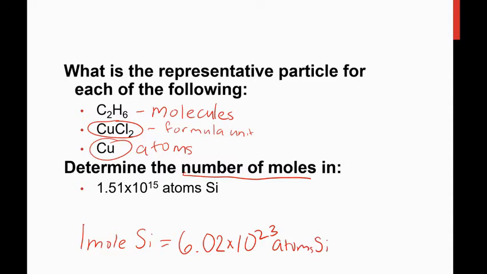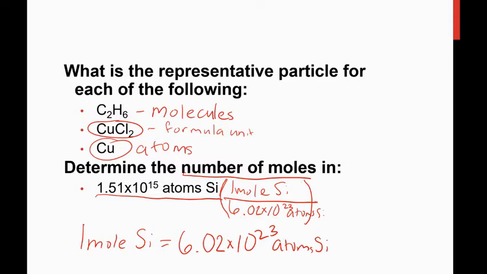So what we're going to do is use that conversion factor. When we look at a conversion factor, we're really multiplying this number right here by a number that's equal to 1. If we put 1 mole of silicon on top and 6.02 times 10 to the 23rd atoms of silicon on the bottom, okay, now 1 mole of silicon is equal to 6.02 times 10 to the 23rd atoms.